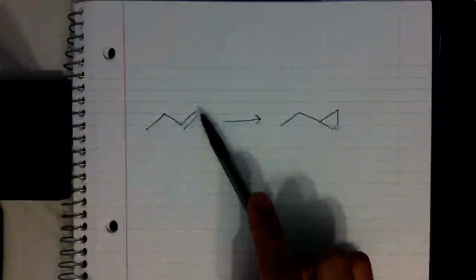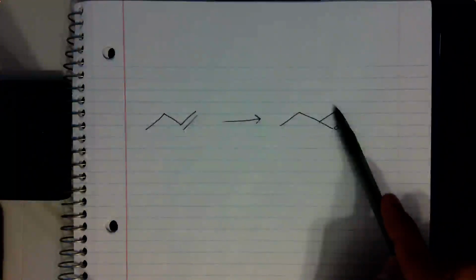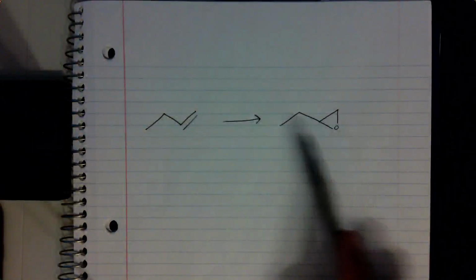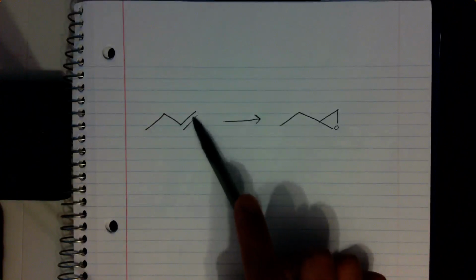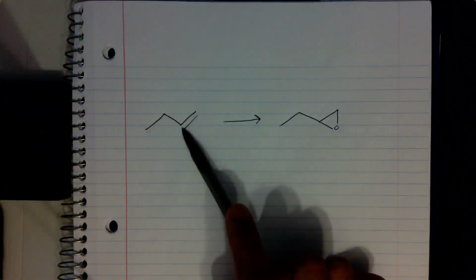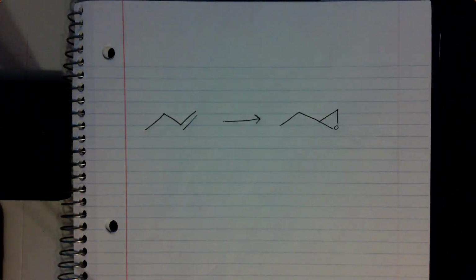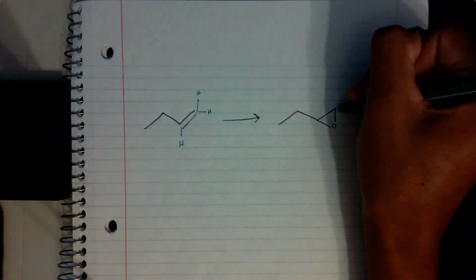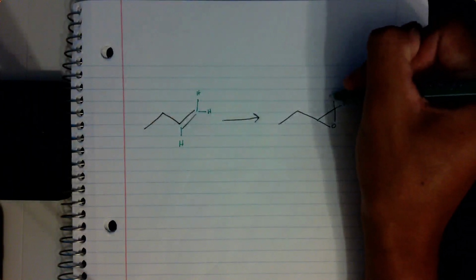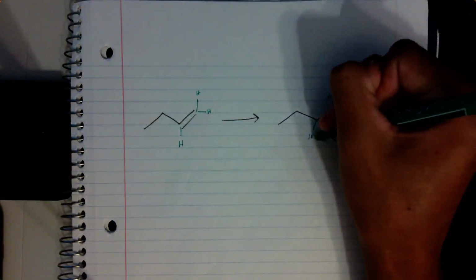We have 2 carbons which are changing. Okay, that's fine. We're going to add up the total sum from this carbon and the total sum from this carbon. So I'm going to go ahead and draw in all of the hydrogens explicitly, just on those 2 carbons that reacted.